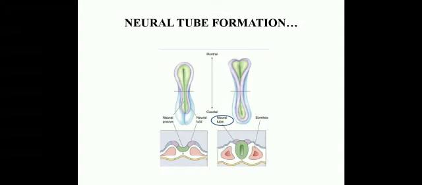The fusion of the neural folds begins in the middle, the region of the 4th somite, on the 20th day of embryonic development, and it proceeds simultaneously towards the cephalic and caudal directions. It occurs at about the 22nd day after conception.